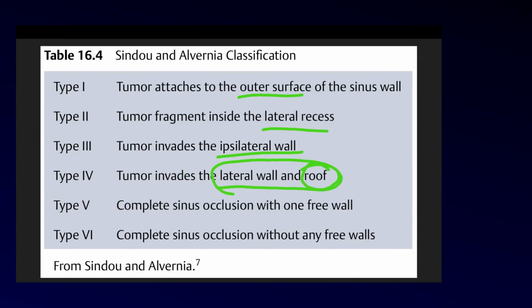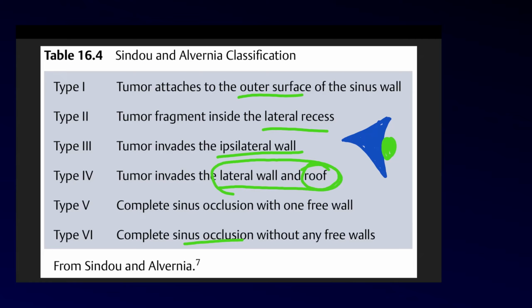I'm going to draw, even though we have an illustration ahead, but let's draw nonetheless. Type 6 is complete sinus occlusion without any free walls. So I am only going to draw the sinus here. This blue structure is the sinus. And let's stick to the green for the tumor. Type 1 is when this thing here is type 1. It is only attaching to the outer surface of the sinus wall.